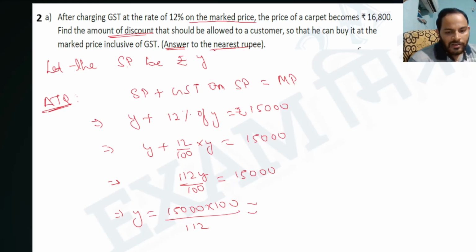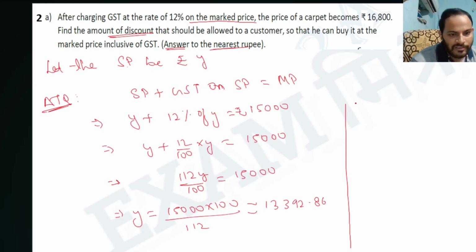Let me use a calculator to calculate the value: 15,000 into 100 divided by 112 is 13,392.86 approximately. We will not approximate the selling price; the amount of discount must be the answer to the nearest rupee.